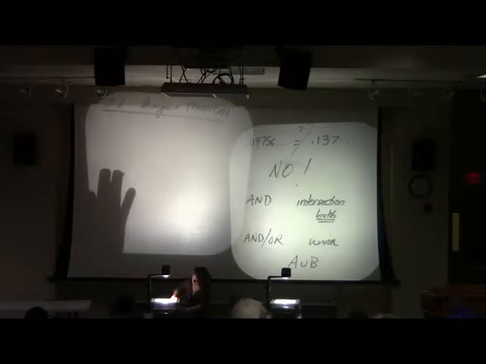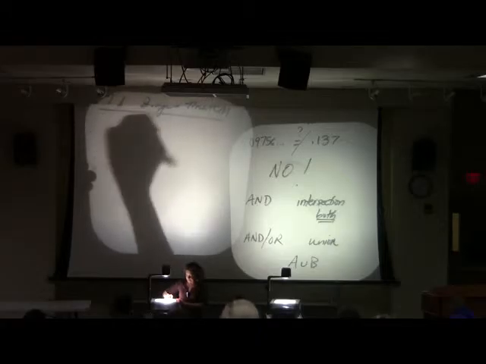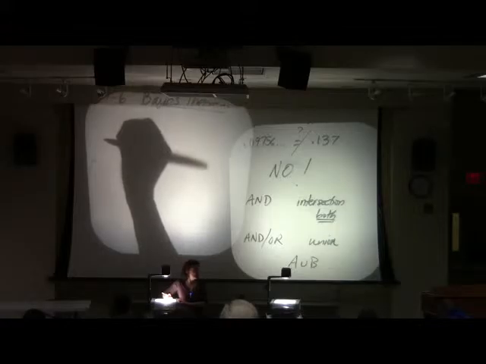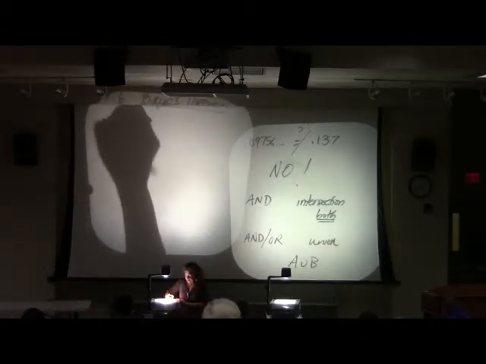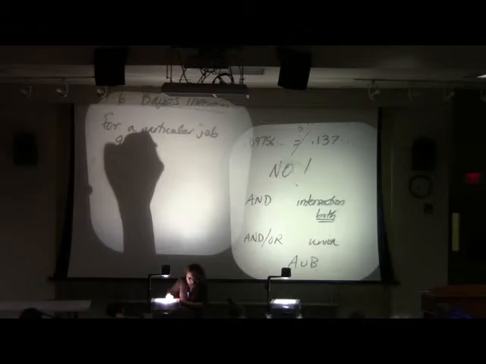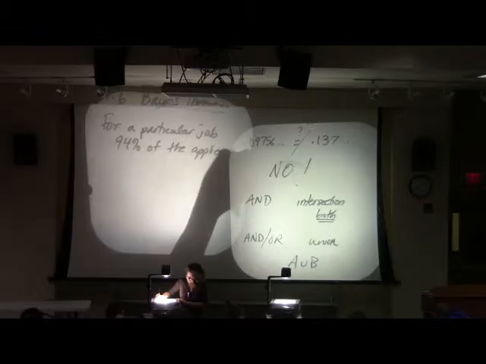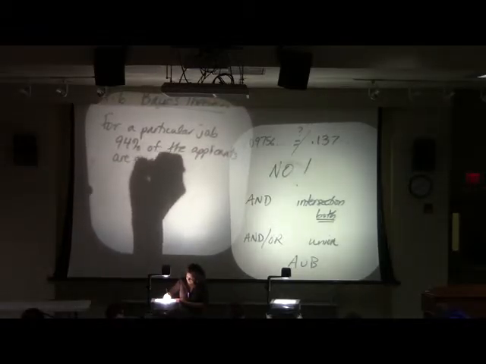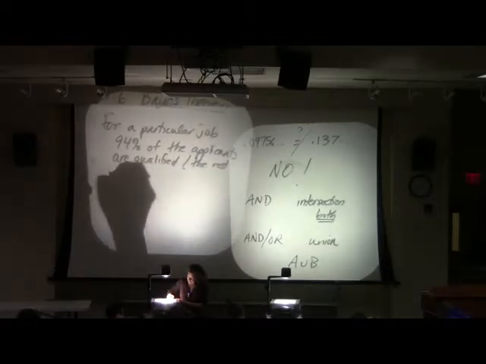Anyhow, let's pretend we have a scenario. I think we did one about applicants being qualified and approved. Didn't we do something like that? So I'm just going to do something similar. So suppose for a particular job, 94% of the applicants are qualified. And implicit in that statement, I will say the rest are not.